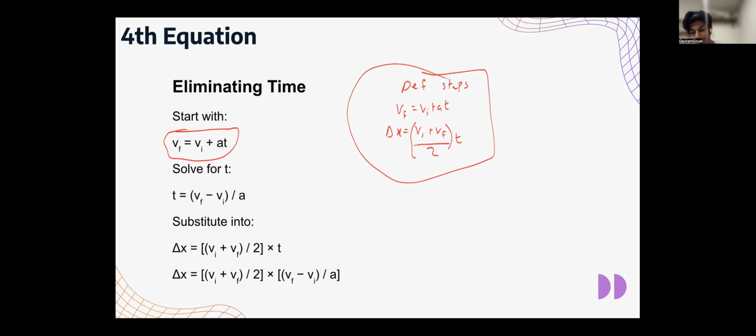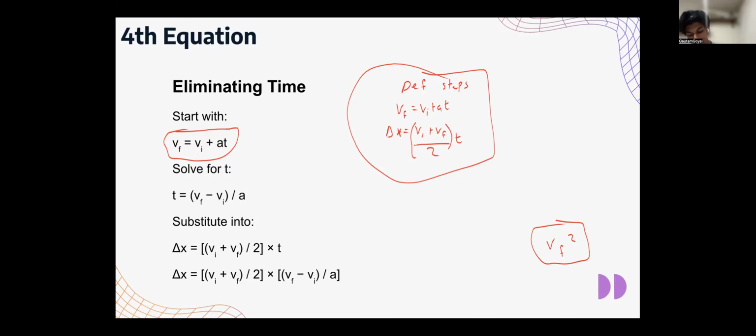So right now what we're solving for is the final velocity squared. Because we're solving for the final velocity squared, we don't need to use t in this case. We just need final velocity, initial velocity, x, and acceleration, sorry.